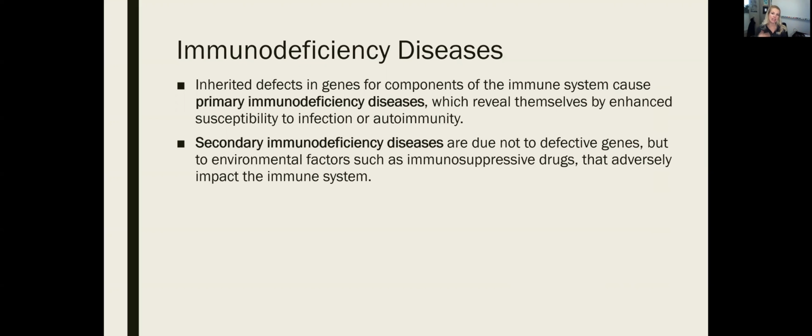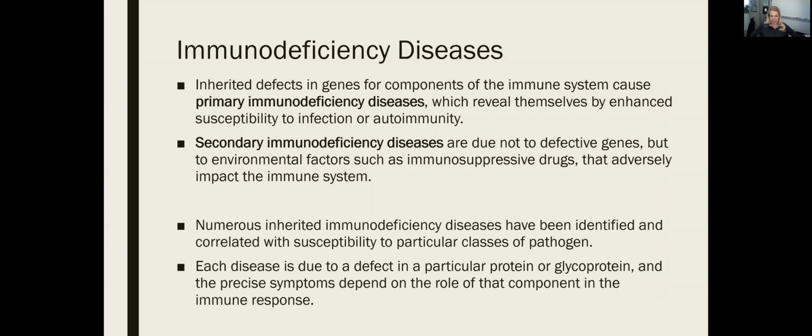Now, secondary immunodeficiencies are not due to genetic reasons, but rather to environmental factors. Sometimes drugs can be immunosuppressive because we can't have a lot of interferon gamma running around in certain inflammatory diseases, so we can purposely suppress the immune system, but that can lead to adverse effects. We can also have secondary immunodeficiency diseases that are caused by pathogens, like HIV.